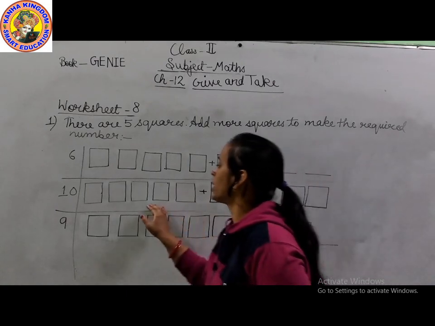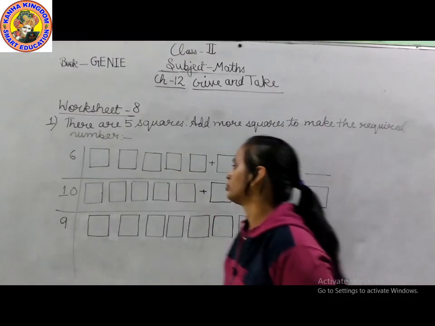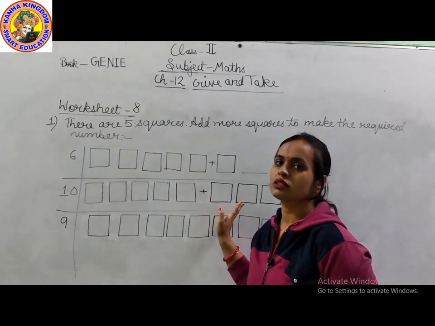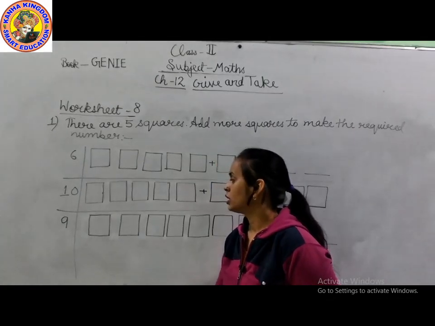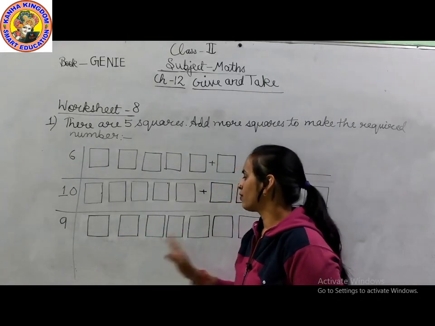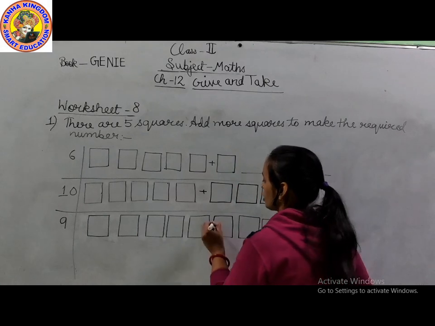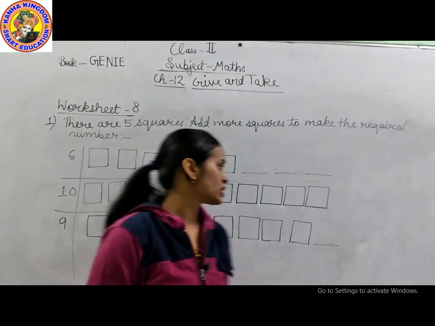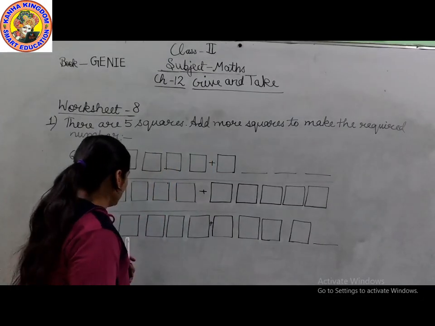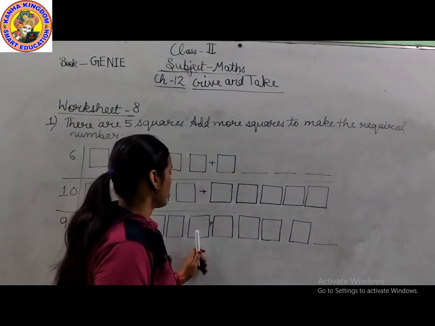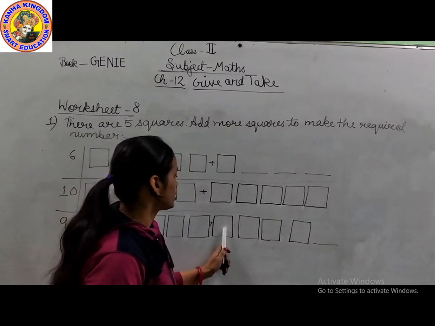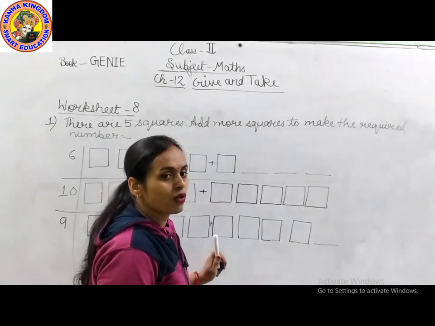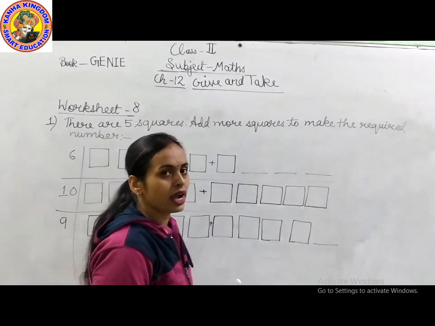Means 5 plus 5 equals 10. So we add 5 more squares to get 10. Now next is 9. So 5 squares are there. After 5, we add 4 more squares. 1, 2, 3, 4, 5 plus 6, 7, 8, 9. So we make 4 squares to get 9.